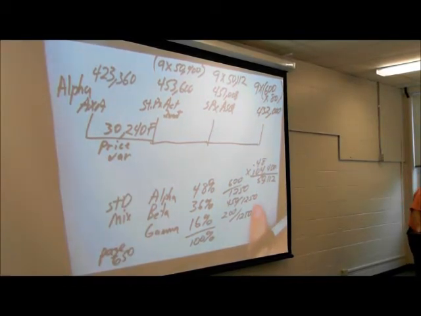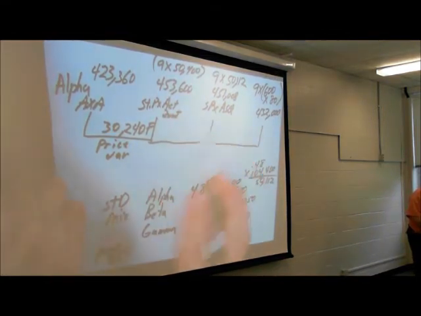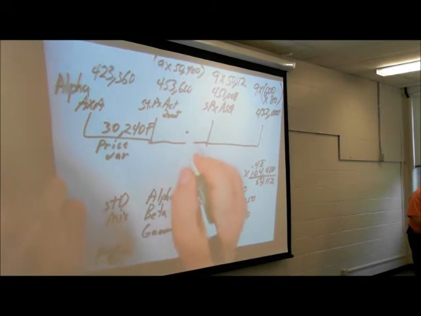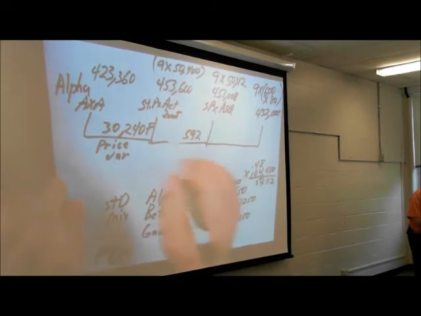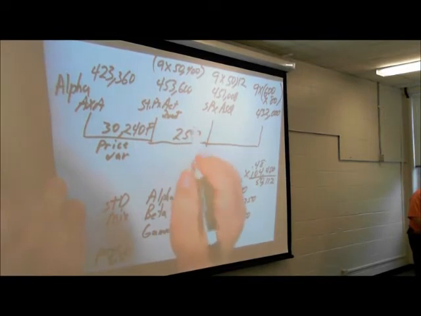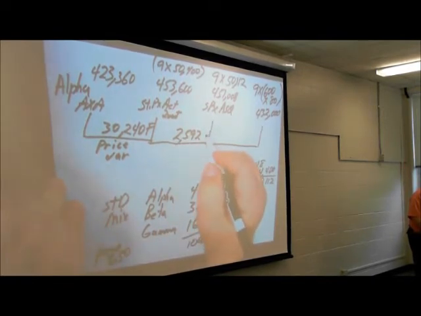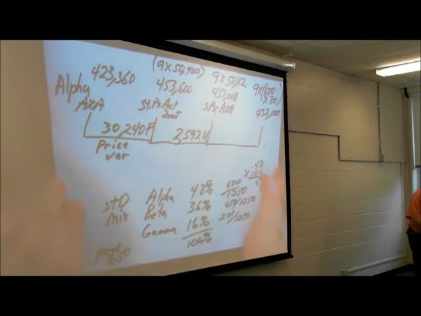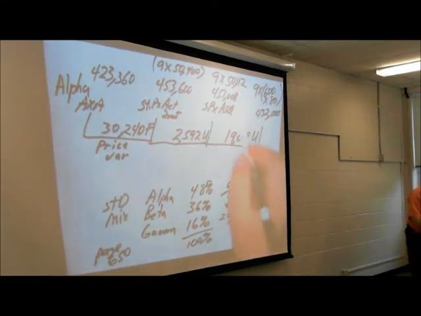Now we can plug in. The difference in these two numbers, 453,600 and 451,008, is 2,592. Favorable or unfavorable? The number to the left is higher, so it's unfavorable. This is your mix variance. And then here the difference is 451,008 and 432,000, which is 19,008, unfavorable.